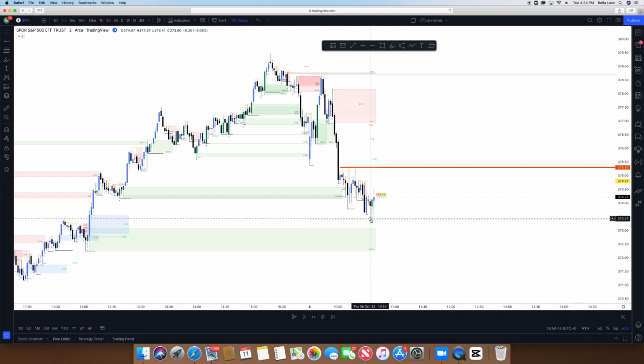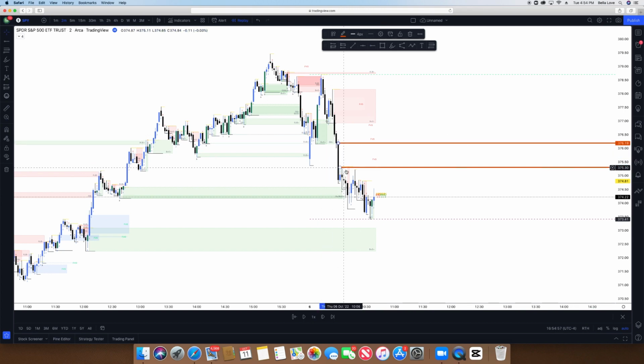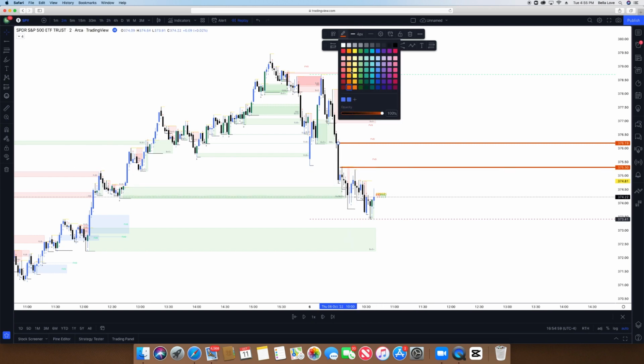So from here, I would definitely be okay with entering into some short-term calls just to fill the displacement in the market. So I'll set my first target at the top of this candlestick, 376.19.